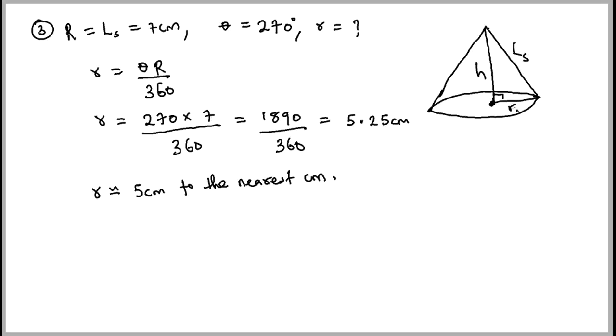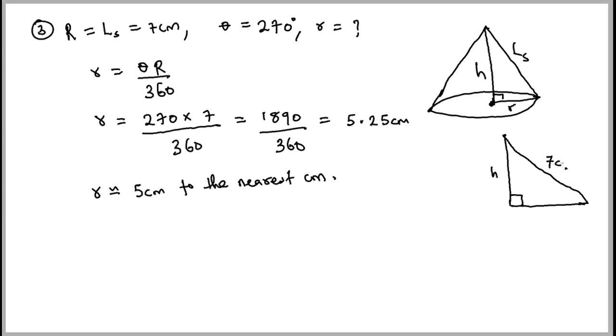So how do we find this? This is just basic. We have a right angle triangle formed here, so I can take it out and I will have something like this. As you can see, this is a right angle triangle. Here is my height. My slant height is 7.